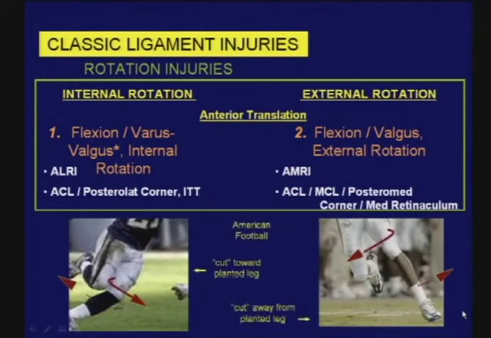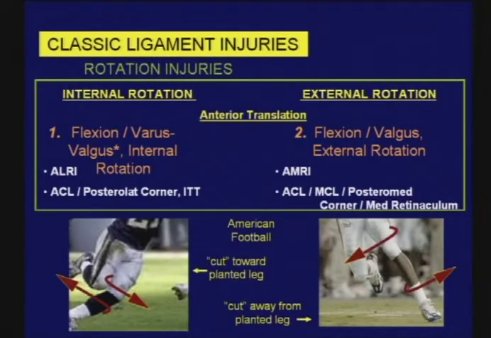And to give you an idea of what these look like, from the internet, I took these two pictures. If you have an American football player who has a planted foot and he cuts toward the planted leg, the movement is internal rotation of the tibia with respect to the femur.